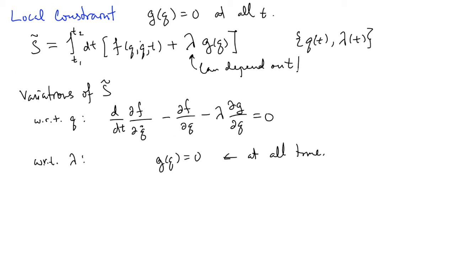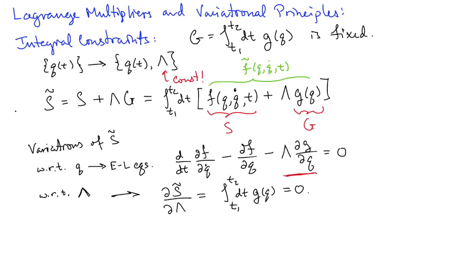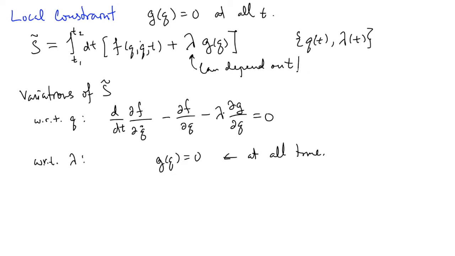Okay, so just to compare it with the prior result, we had an integral in our constraint that appears, and a constant lambda. In our new constraint, lambda depends on time, and this is true at all time. Okay, but otherwise, it's an identical formulation, just putting this additional constraint into the integrand into our functional that we seek to find the stationary points of.